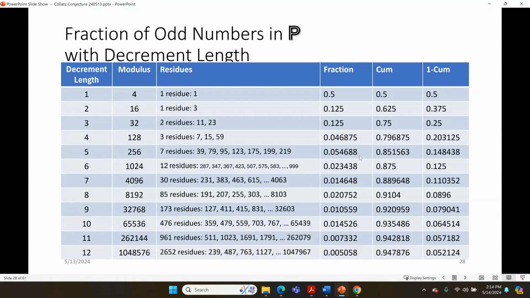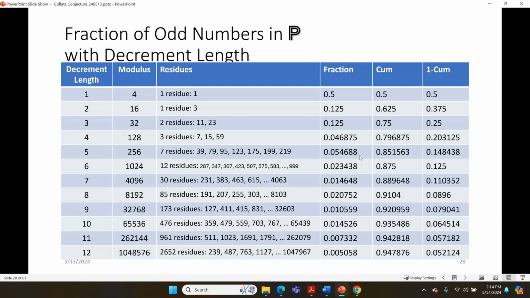And then 1 minus the cum in the last column tells us what fraction of the numbers in P take more than that number of steps to reach a decrement. And you can see that cumulative fraction progressively decreases.